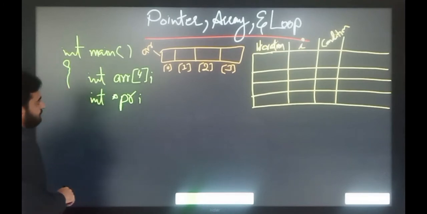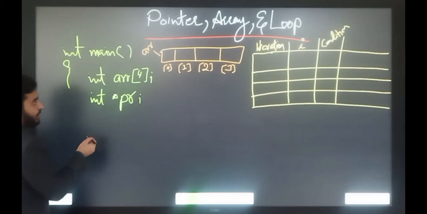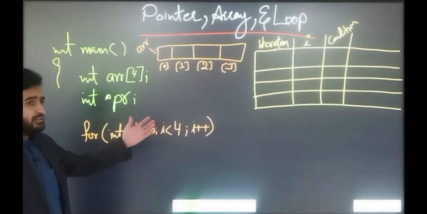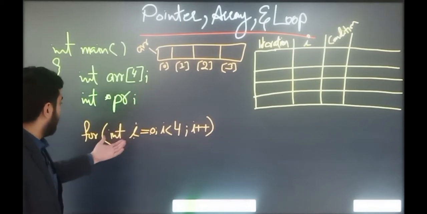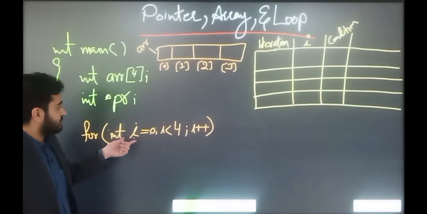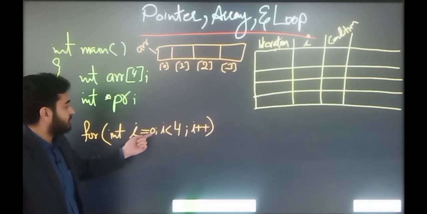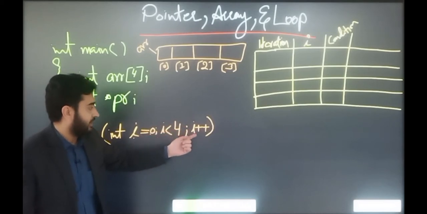Okay, so let's introduce a for loop to initialize the values inside the array using pointer. To iterate through this array we have introduced a for loop. Okay, so the for loop has the variable i equal to 0 and i less than 4 and i plus plus.